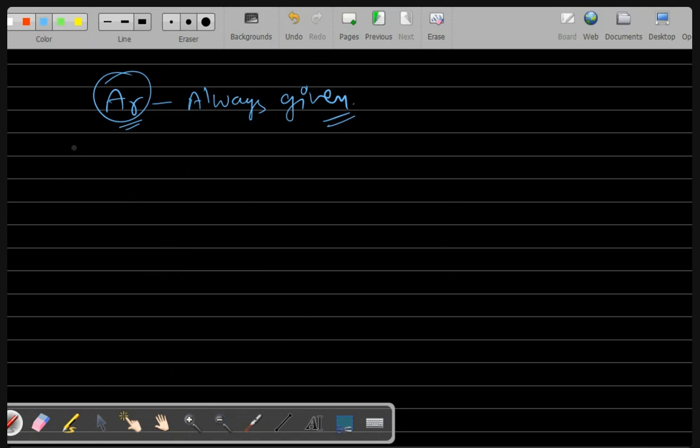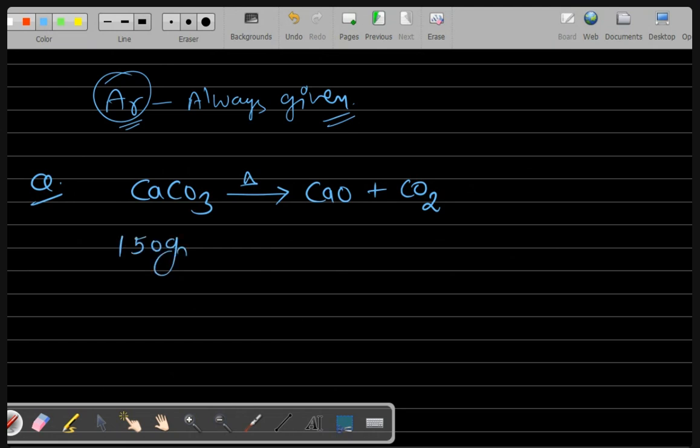Now again come back to our topic, quantitative chemistry. You want some more questions, right? How many gram will be produced? Suppose I take calcium carbonate, and on heating it provides calcium oxide and CO2. Initially I have 150 gram of calcium carbonate.